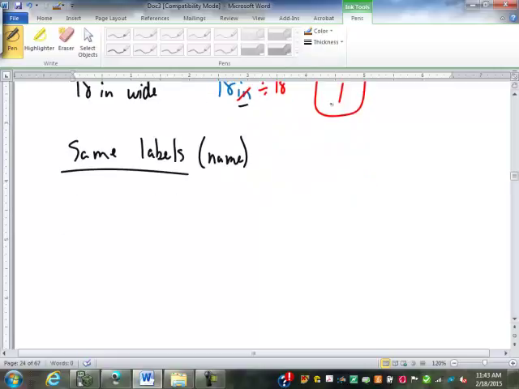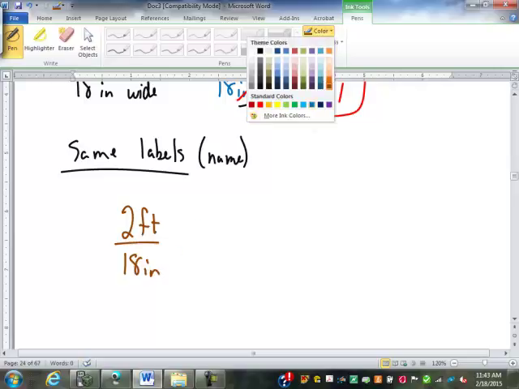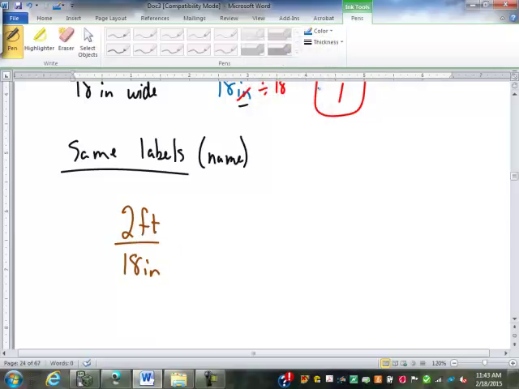If I were to try to compare 2 feet to 18 inches, that is not a valid ratio like that. Now I can alter it so that the 2 feet is 24 inches. And now it's a valid ratio because I'm comparing two things with the same labels. Now, of course, as I reduce this, the inches do cancel out, and I can reduce both of those by 6 to give me a 4 to 3 ratio.